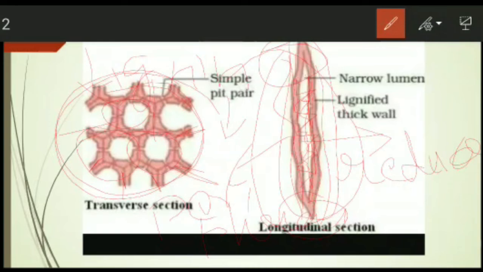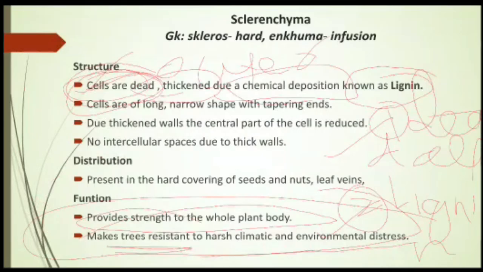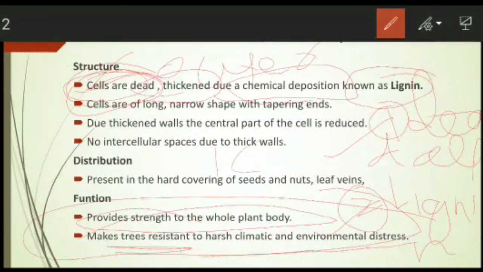So this white part is very small, and you may see how thick the walls are. Because of this thick wall, there is no intercellular space. It is clear now that due to the thick wall there is no intercellular space. I am writing ICS for intercellular space.